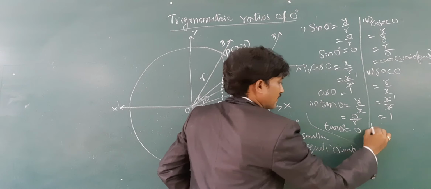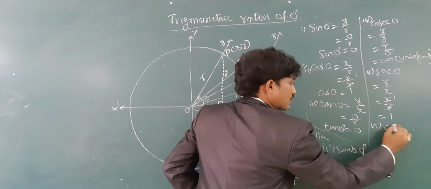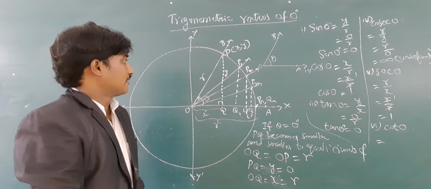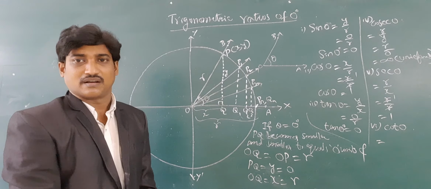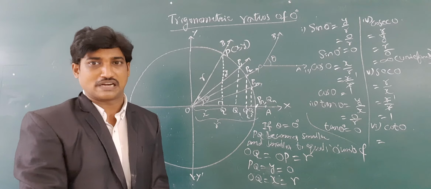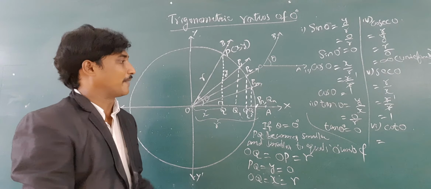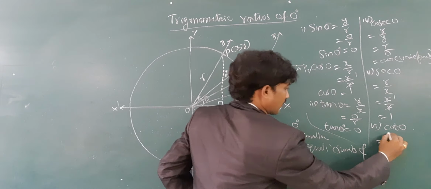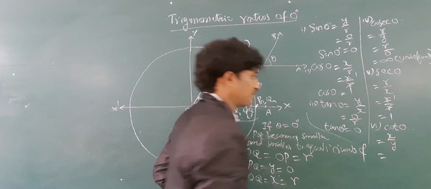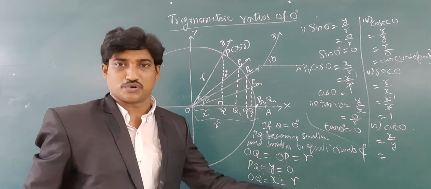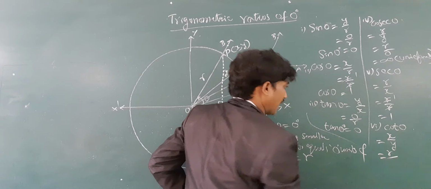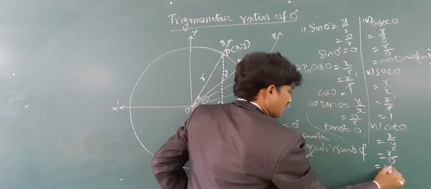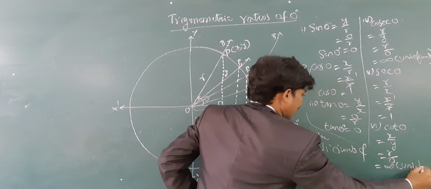Here cot 0. In fact, as we are taking a circle, we consider circular measure, radian. Okay, cot 0 is equal to x by y. Here x equals r and y equals 0, so r by 0 is infinite, undefined, we cannot say.